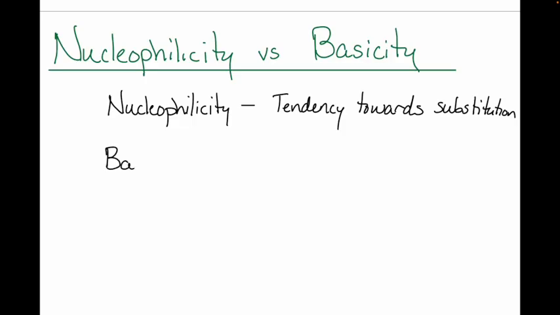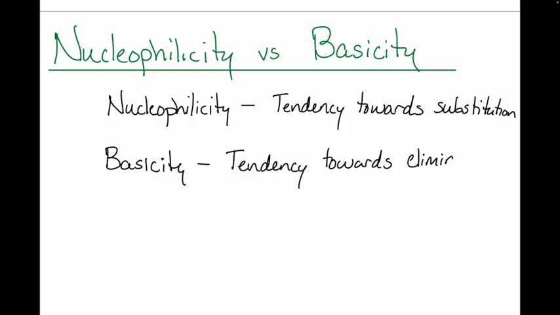And when we talk about basicity, we mean our tendency towards those elimination reactions. So when we say that something is a strong nucleophile, that means it's good at substitution reactions. When we say that something is a good base, that means it's good at elimination reactions.